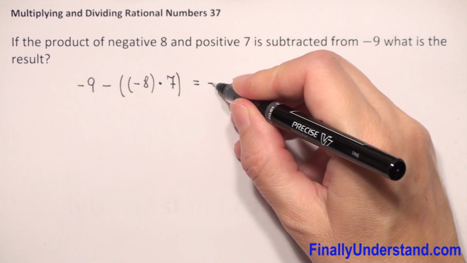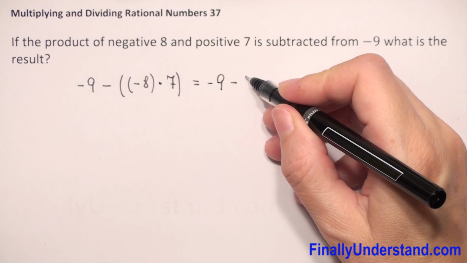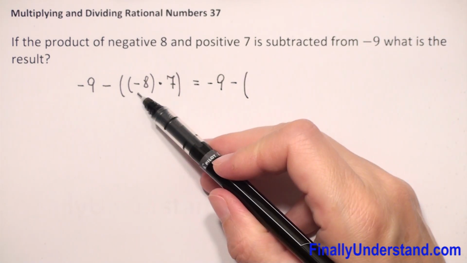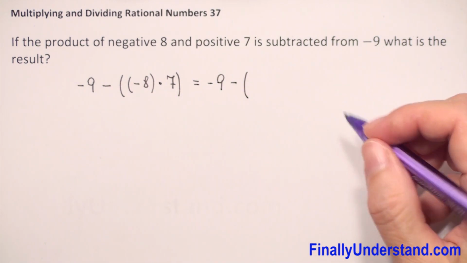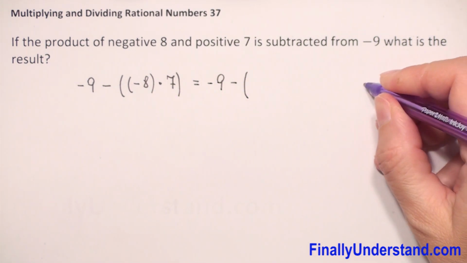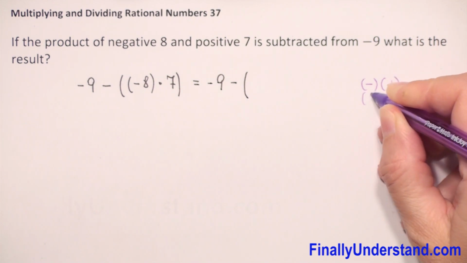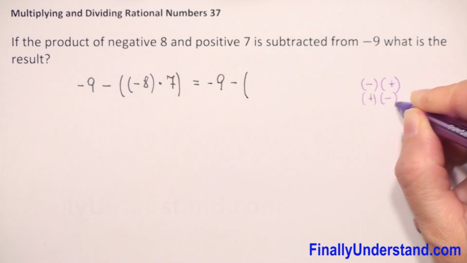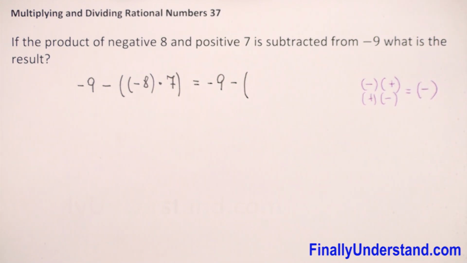So we copy negative 9 minus, and in parentheses we have a negative number times a positive. Because 7 is positive, we don't write the positive sign. So a negative number times a positive, or positive times negative, is always a negative answer.